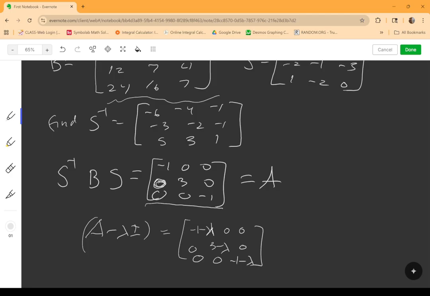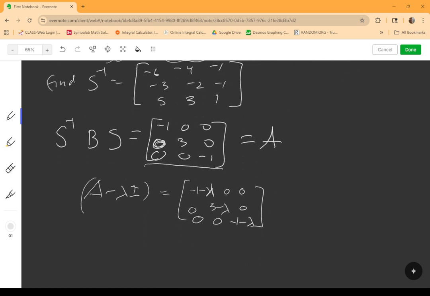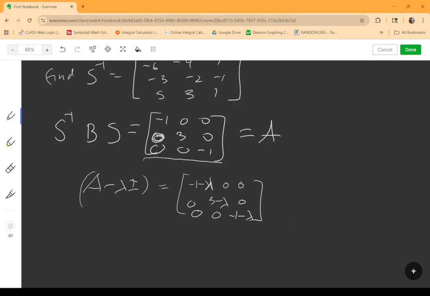Now, the question is, can I bypass finding the eigenvalues of matrix B and just get the eigenvalues from matrix A? It turns out that yes, but why is that possible?